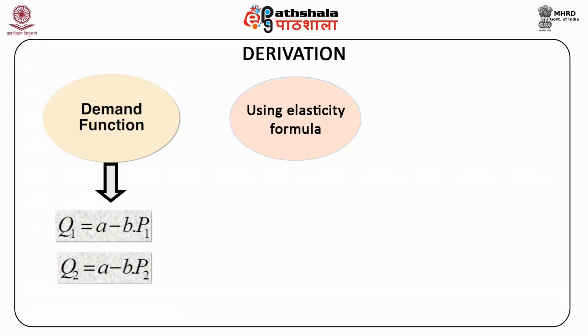Given the demand at two different prices, P1 and P2, the ratio change in Q by change in P can be obtained as follows.